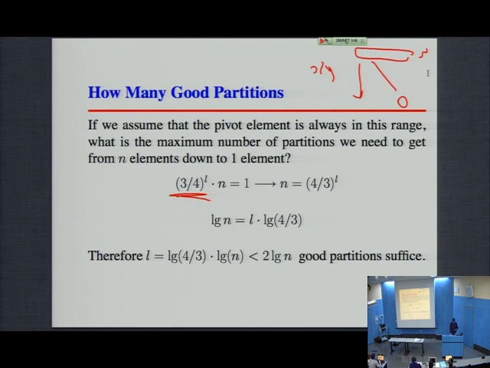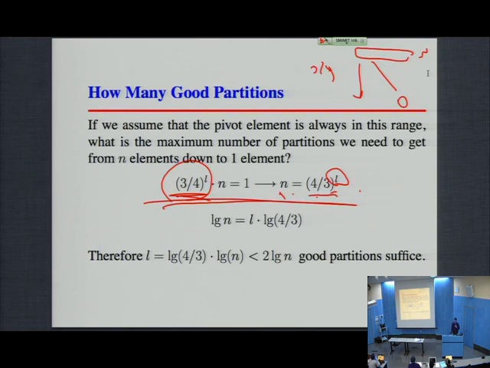It's n times 3/4 to the L equal to 1. Another way of writing that is just to put it on the other side: n equals 4/3 to the L. This is really saying that L is going to be the log base 4/3 of n.